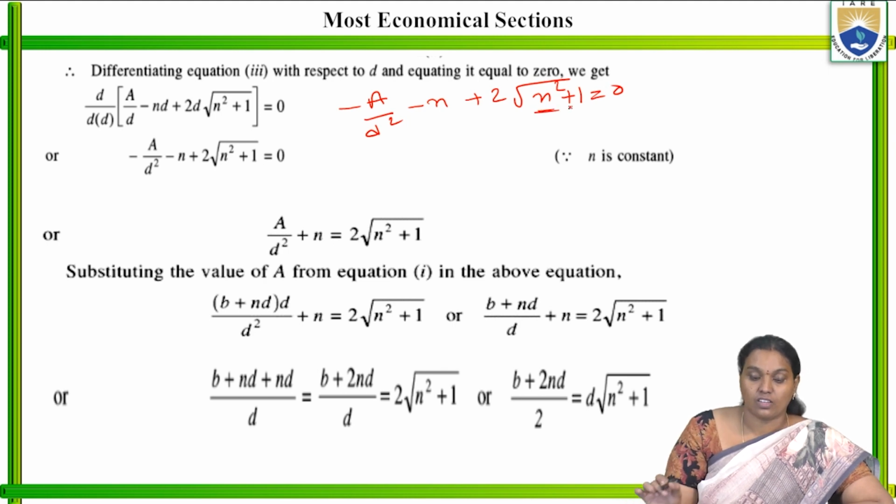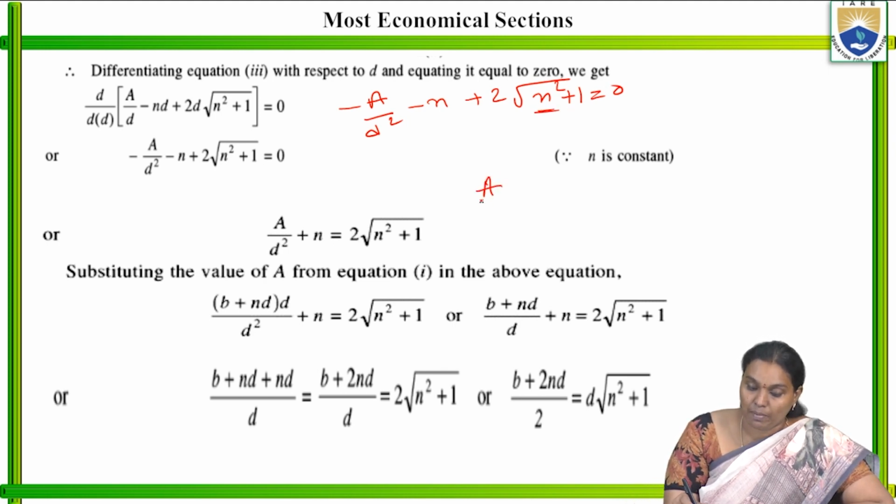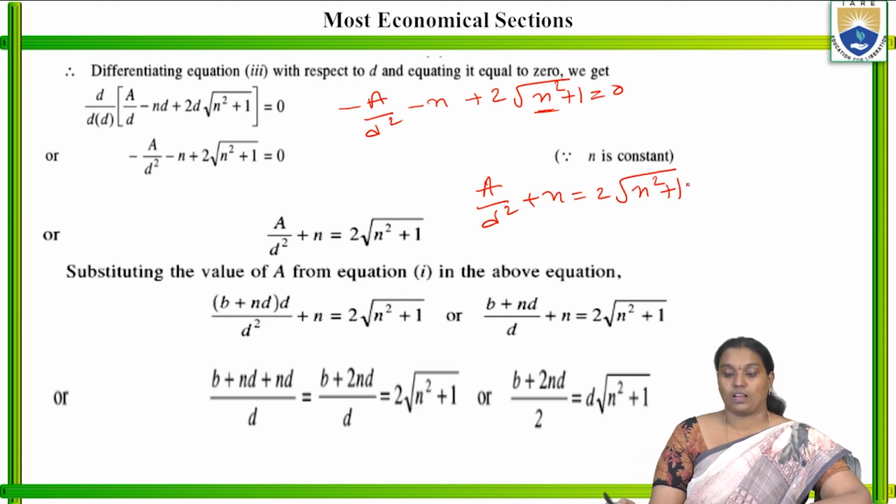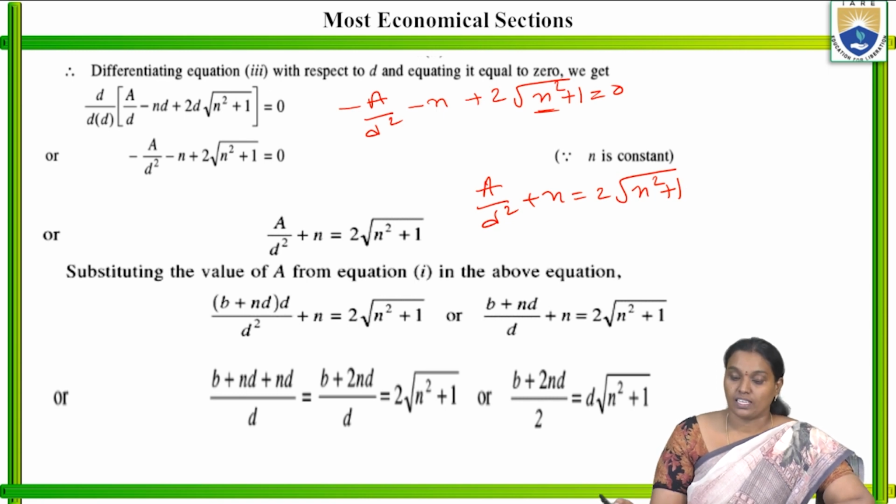Here n is the constant. So A by D square plus n is equal to 2 root n square plus 1.